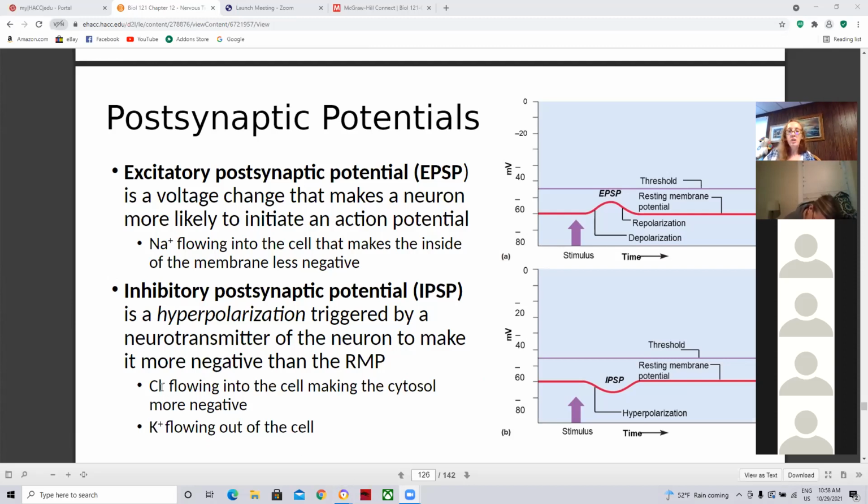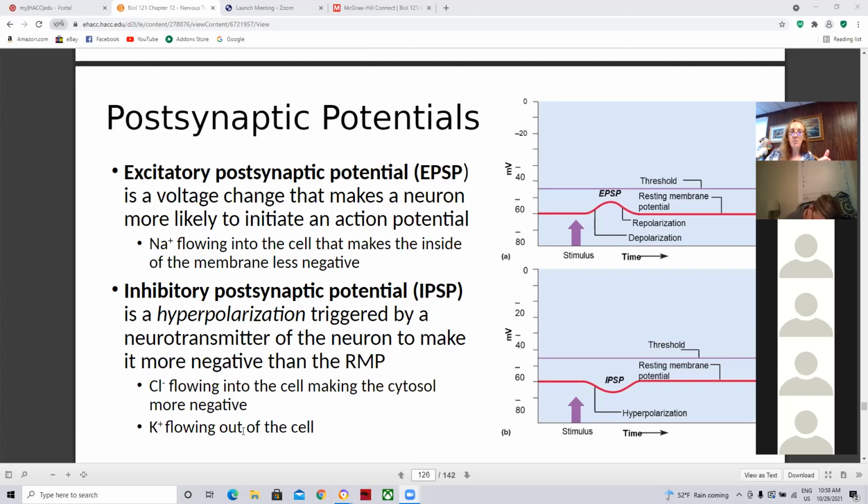The inhibitory is going to hyperpolarize the membrane. That's the result of either more chloride flowing into the cell or potassium flowing out of the cell. So excitatory postsynaptic potentials make a neuron more likely to initiate an action potential.